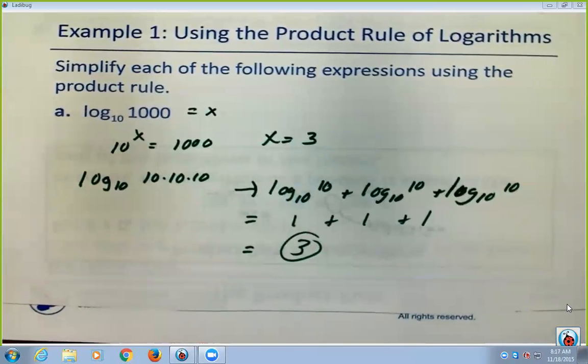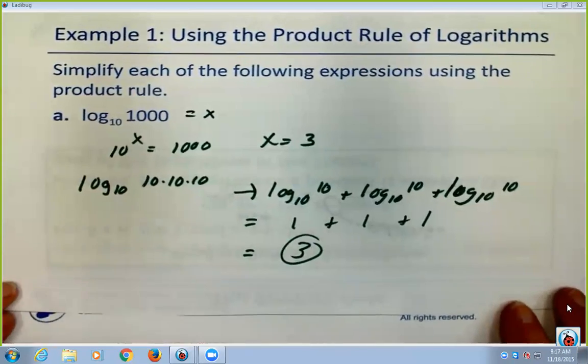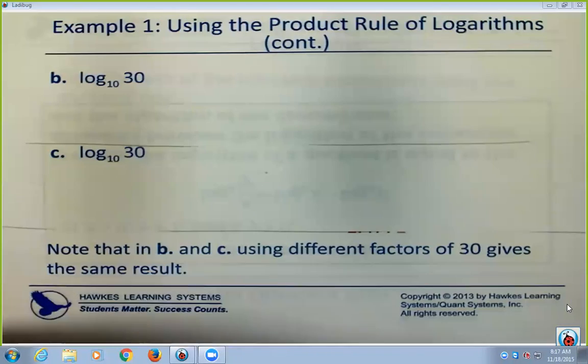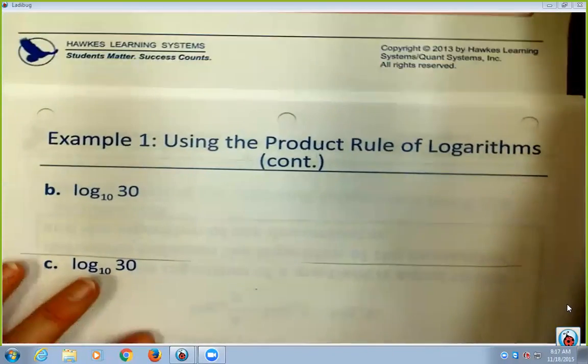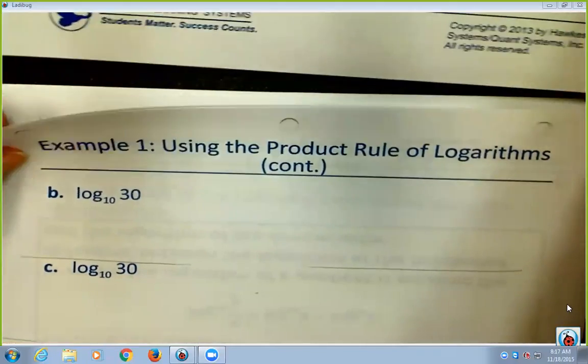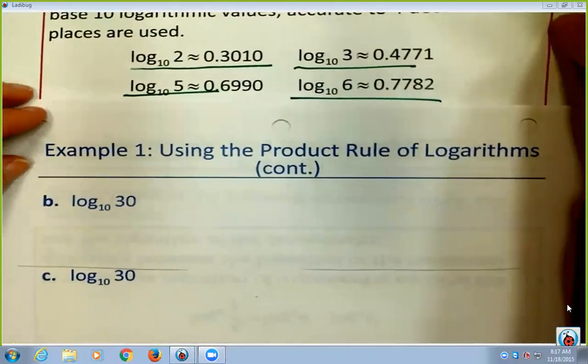Now the ones we worked with on Monday were ones we could get an exact answer to. Some of the pieces today won't work out to be exact answers, and so that's why if we expand these out and use these values, I'm going to try to get these values up at the top so we can see them.